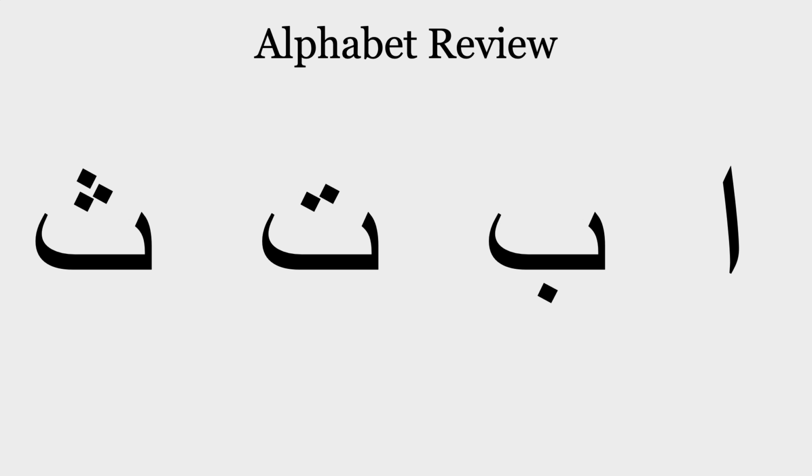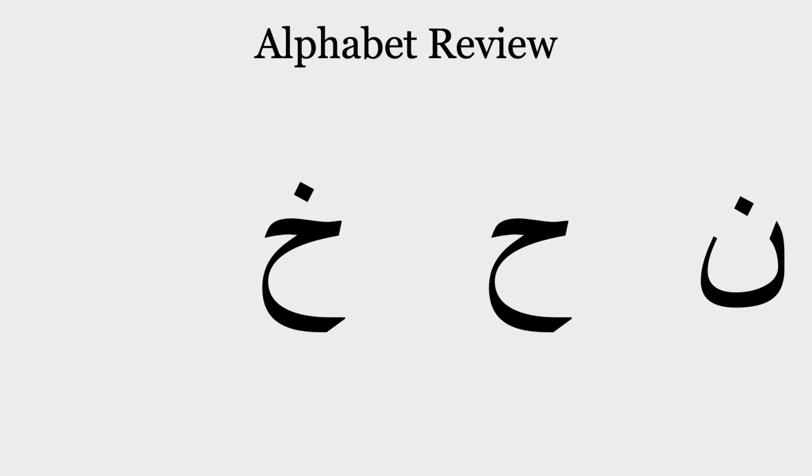That's not good. So we're just gonna review the letters we've done so far. So they should be pretty quick now. We've talked about these first couple of ones a lot, so just going through a, b, t, th. We're going to use the sad quote unquote version of t and th today, so keep that in mind. We have n, h, our sigh, h, h with the phlegm at the back, h, and j.